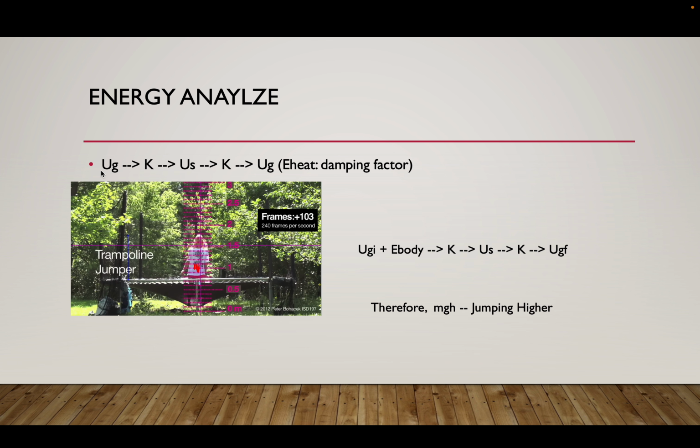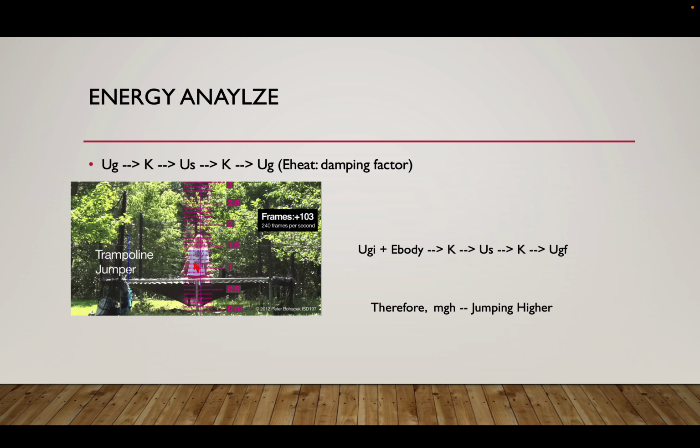But in reality, we found that the little girl actually bends her knees a little bit. This small motion actually makes a big difference, which means she includes her body's chemical energy in the whole energy calculation.